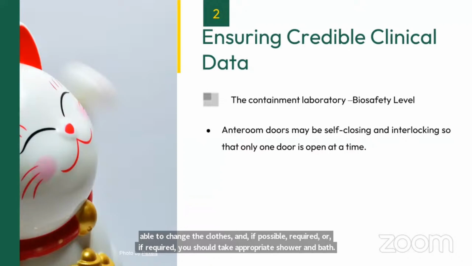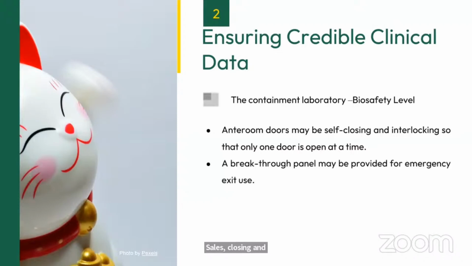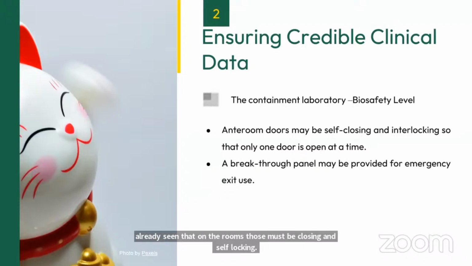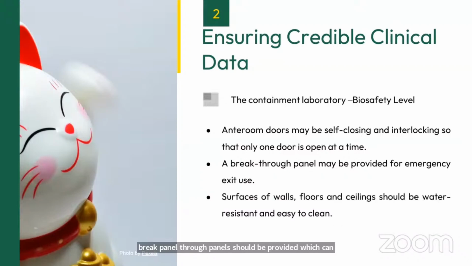Entrance doors must be self-closing and interlocking. We have already seen that doors must be self-closing and self-locking. Breakthrough panels may be provided for emergency exit use. In case of any emergency or fire accident, break-through panels can be used.